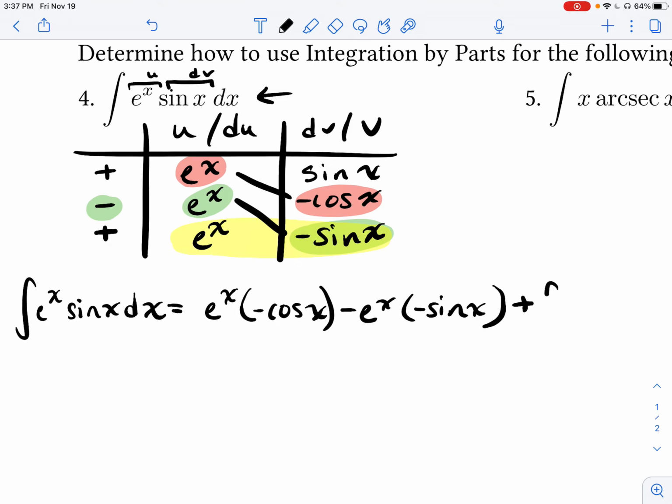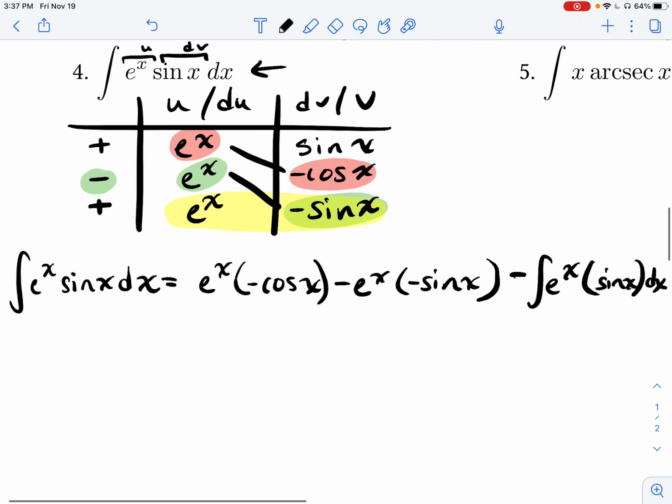This is e to the x times negative sine x dx. If I move that negative to the outside, then this is just here. Compare these two. The product of this row is exactly the original integral that we were trying to find.